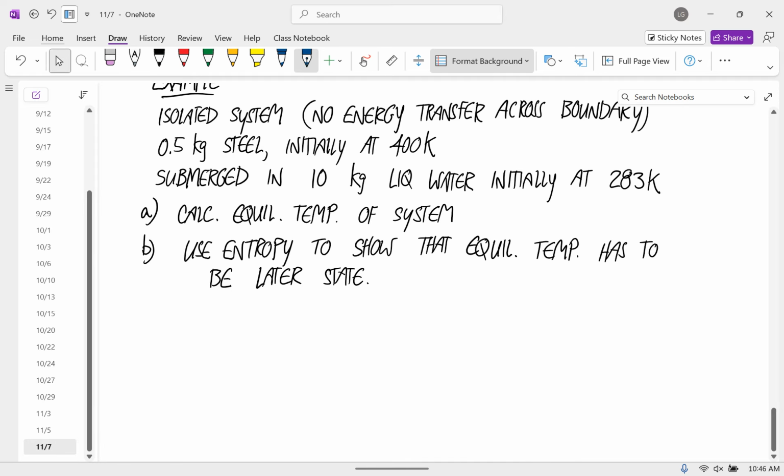So the first thing we're going to do for part A is use the first law. We're going to assume both of these are incompressible.